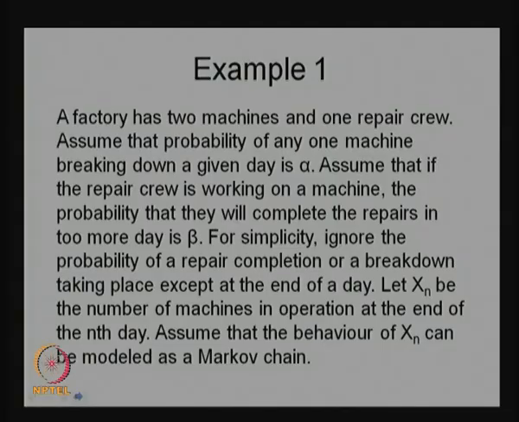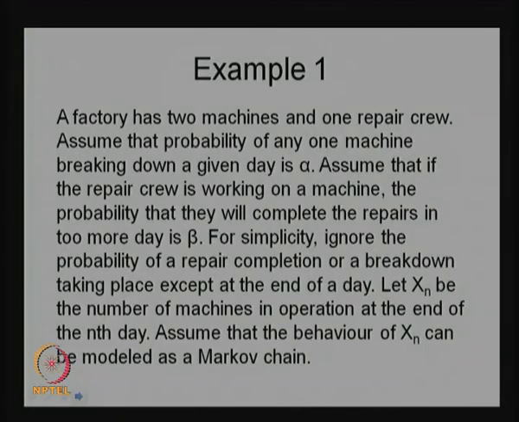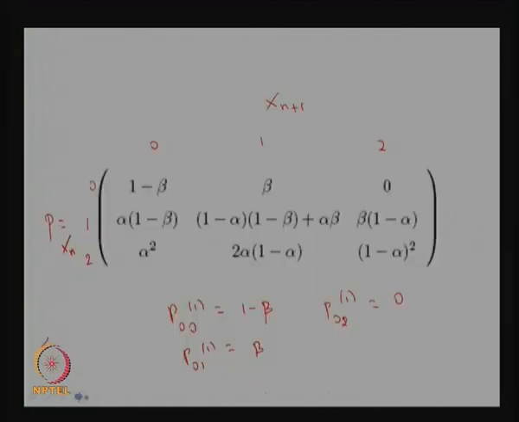The first example, which I discussed in lecture 1, is a very simple example in which the underlying stochastic process is a time homogeneous discrete time Markov chain with the state space S equal to 0, 1 and 2.